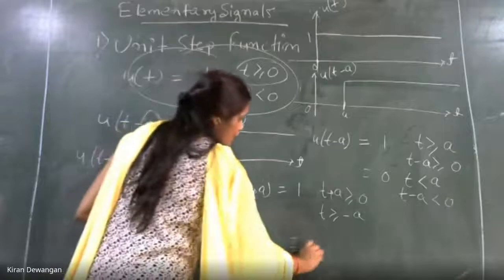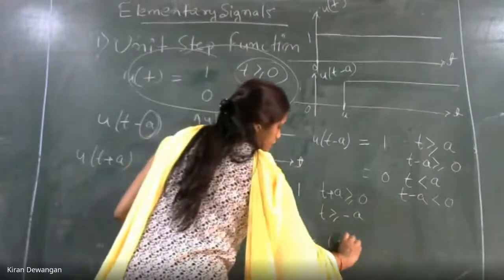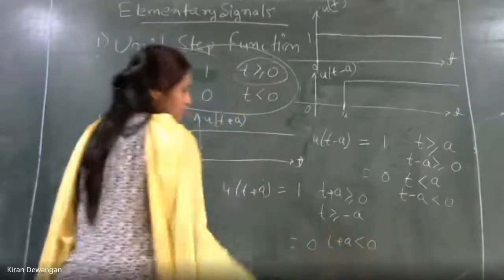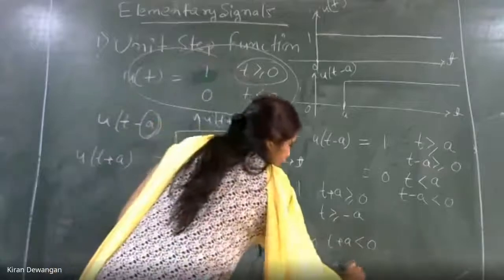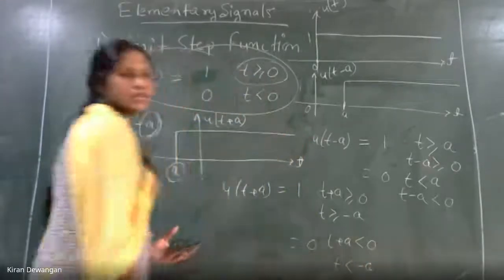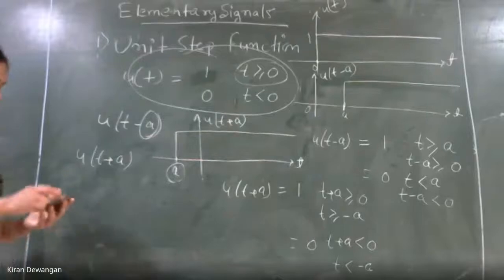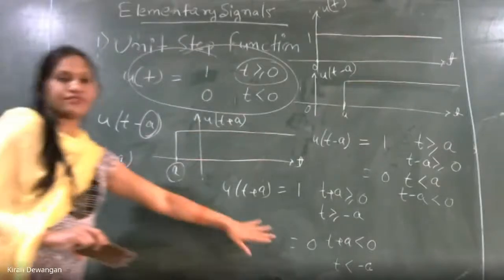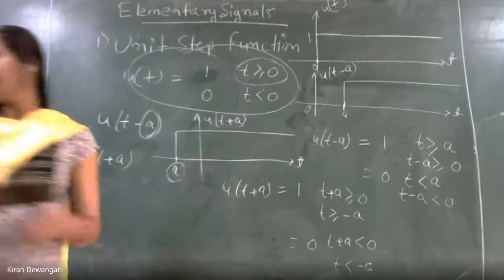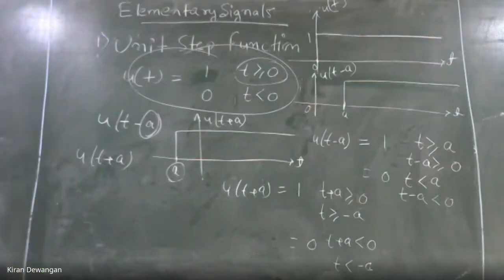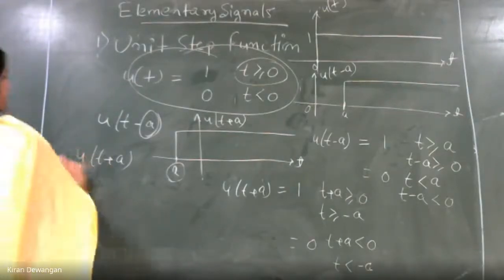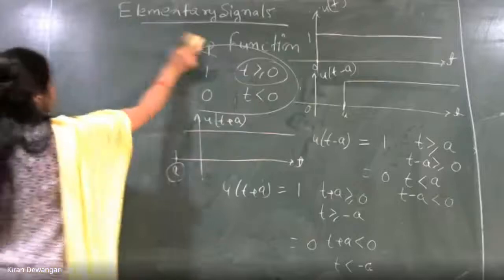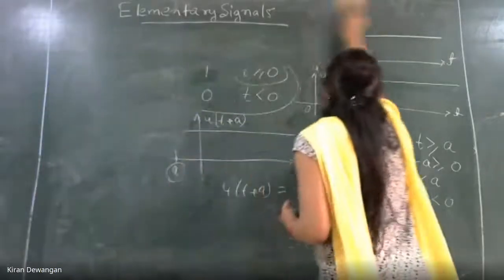And this is 0 for t plus a less than 0, or t less than minus a. That is how it is defined. Okay? Now that was all about the unit step function. Now let us go to the next elementary function.